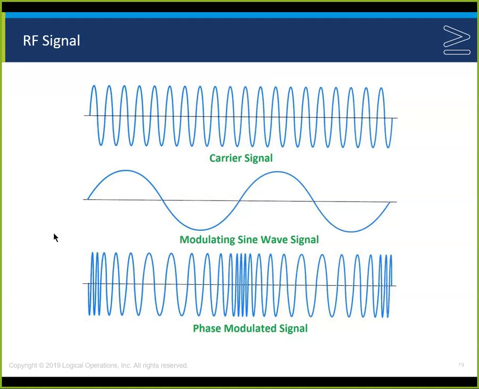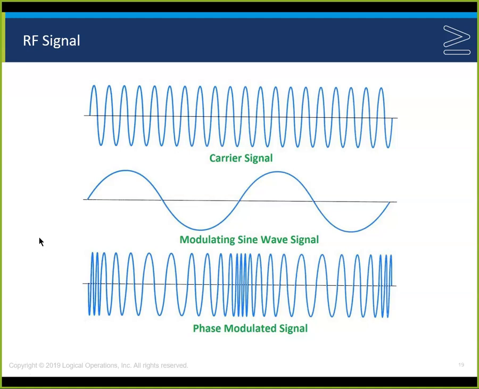The carrier signal, and we kind of looked at this in Ethernet, is just a constantly changing signal, with no real interruption of either the frequency or the phase or the amplitude.